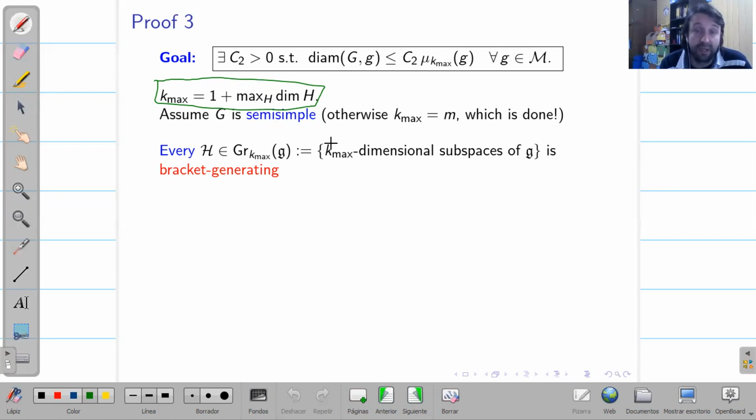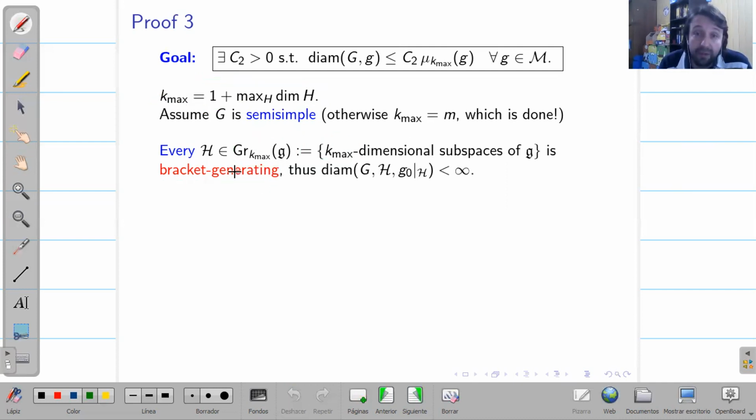So this implies an absurdity with the definition of Kmax, right? So if you take a Kmax dimensional subspace, it is bracket generating because of how we defined Kmax, right? And note that this is a symmetric space, the Riemannian space. And we will not use the symmetric structure, but we will use the topology of this set, that is compact. This is a compact subset, compact space.